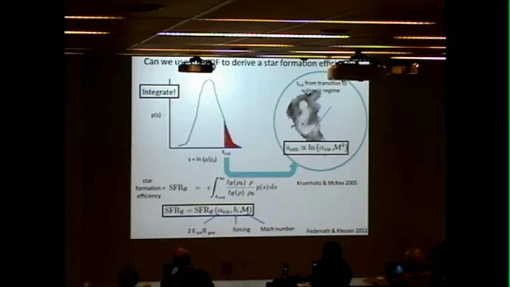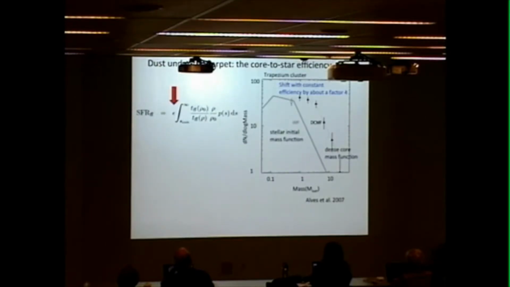Okay. All right. There's a little bit of dust under the carpet in the sense that this model actually predicts the dense core mass function and not the stellar initial mass function. So basically, there is a little epsilon factor here, which should be of order unity, that is still there. Okay, and so here is a way to see it. These are observations from Alves et al. from the Trapezium cluster.